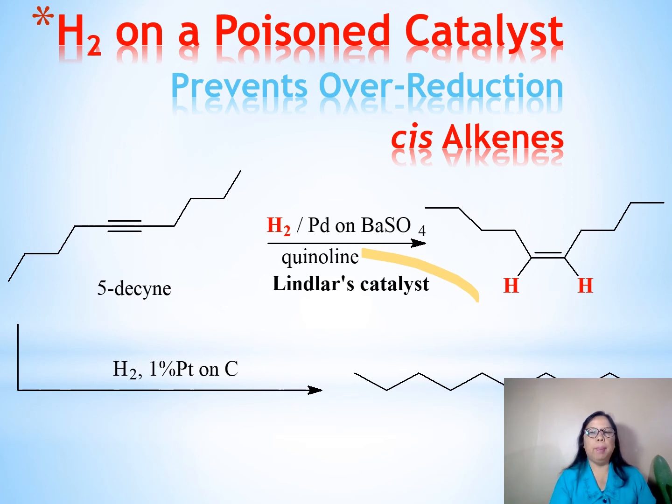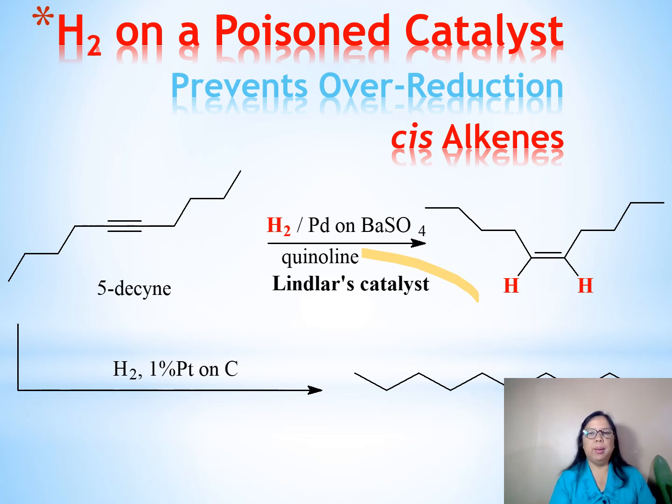So what will happen? This triple bond with the action of quinoline or Lindlar's catalyst will produce first a double bond. But the production of double bond makes this trans-decyne into cis-decene.